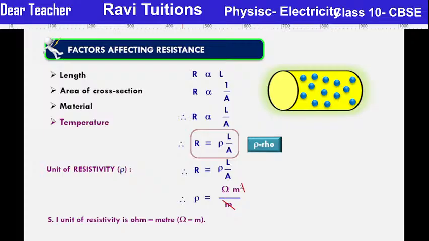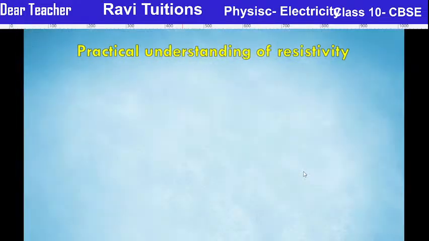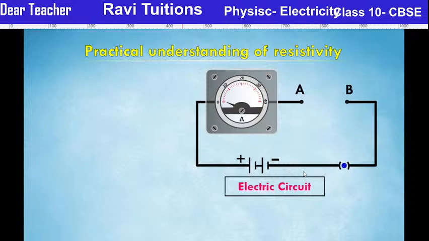So the derivation of the unit for every physical quantity is very important. Resistivity and specific resistance are both the same. Now, practical understanding, electric circuit. In this electric circuit, two cells are kept, and there is a copper wire AB.